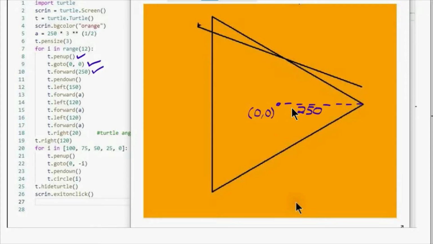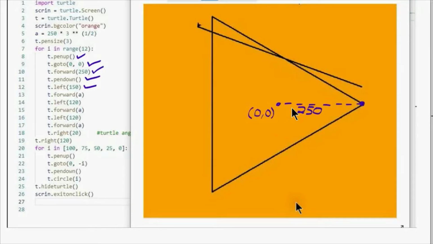So again, this line is invisible. Now, to make the triangle visible at this point here, I let the pen down first, and then I orient the turtle 150 degrees to the left.